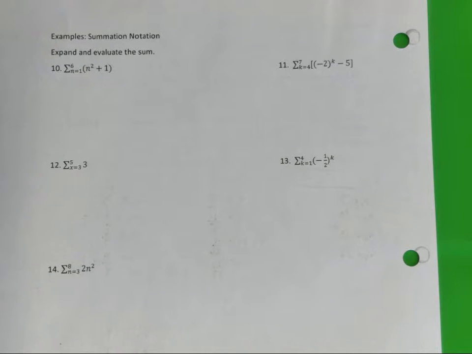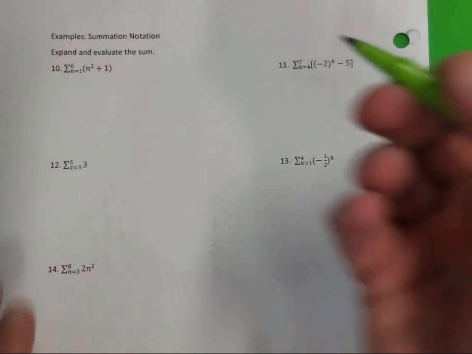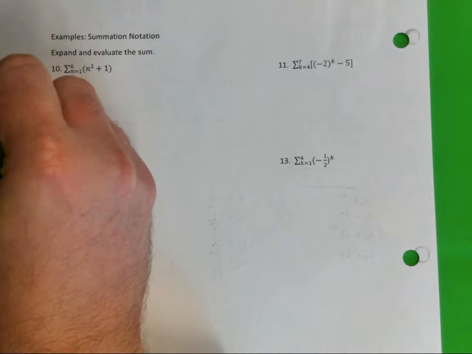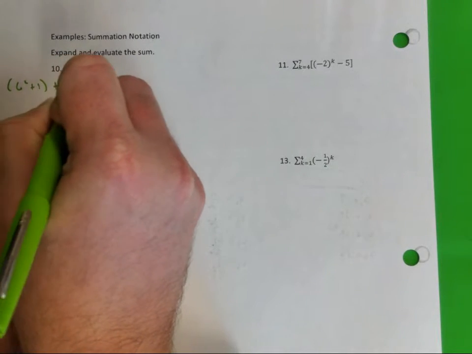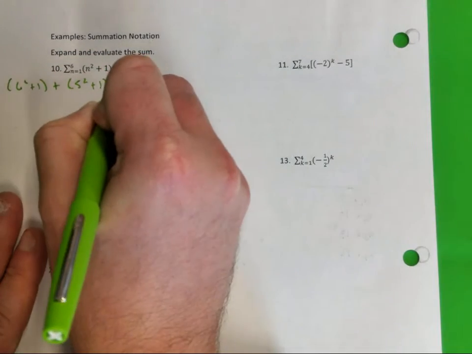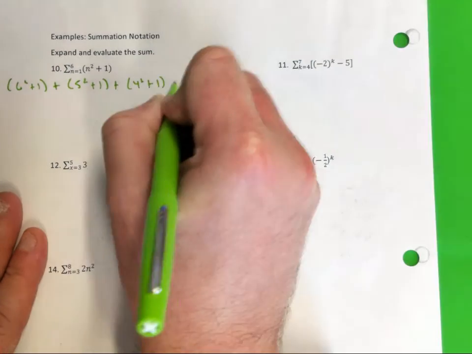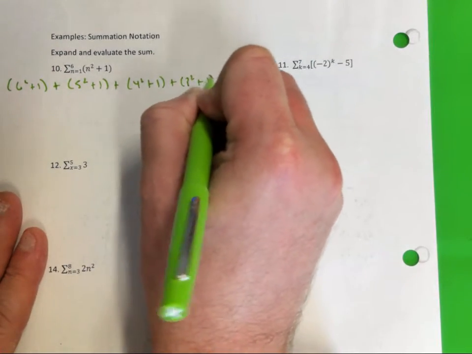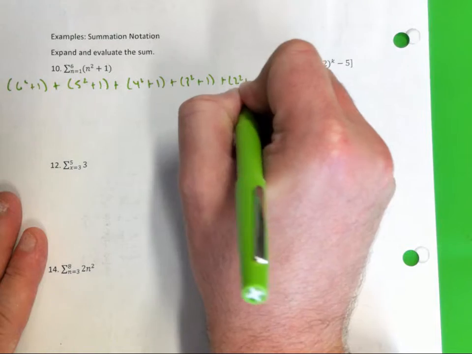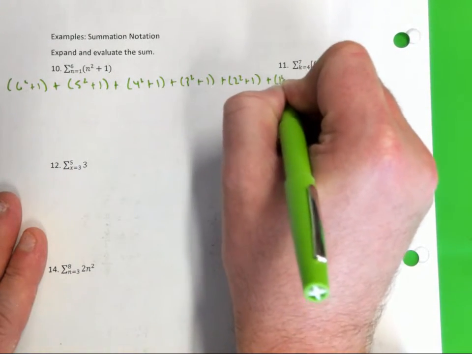Okay, so what I do is I start with the largest and go down. Watch this. Ready? 6 squared plus 1, plus 5 squared plus 1, plus 4 squared plus 1, plus 3 squared plus 1, plus 2 squared plus 1, plus 1 squared plus 1.